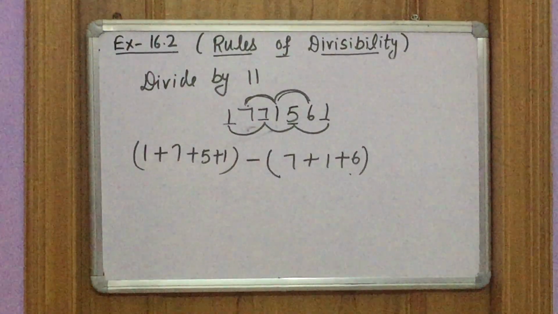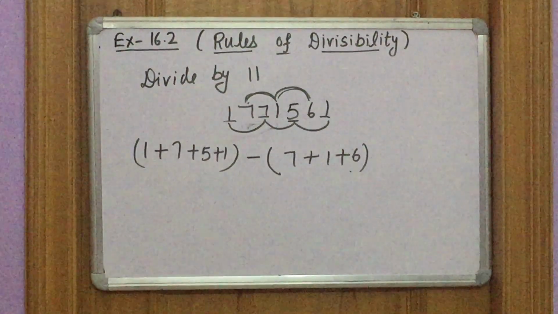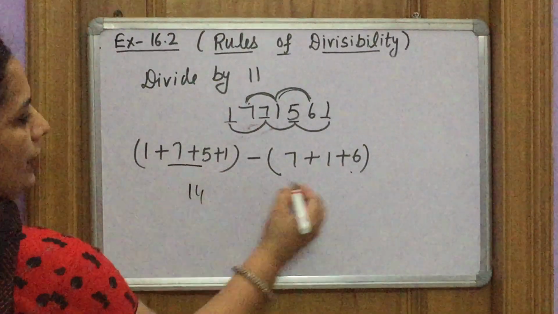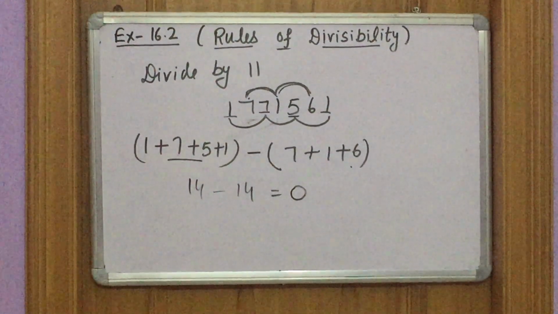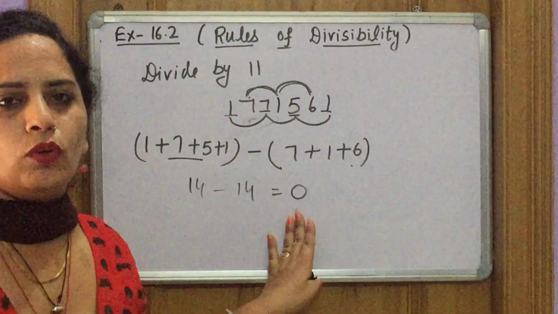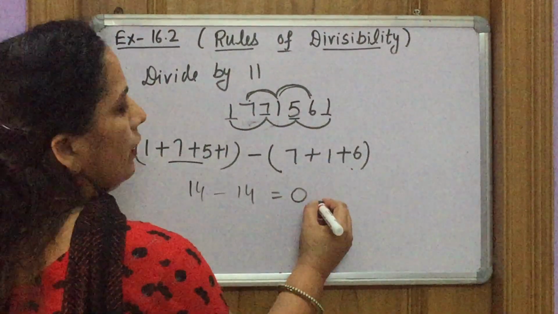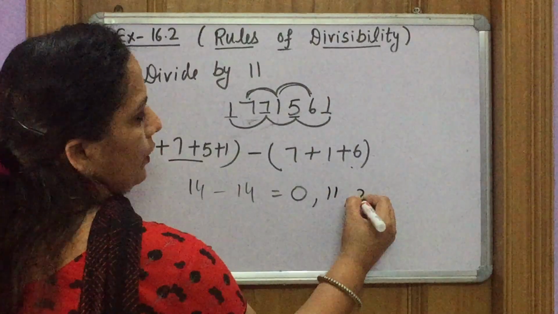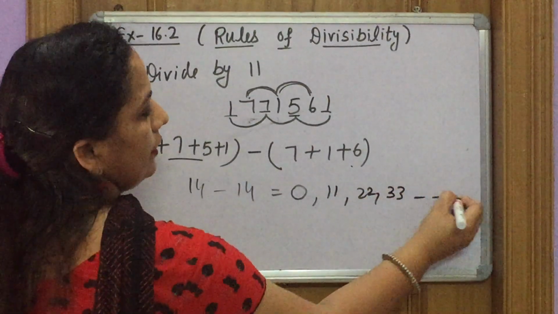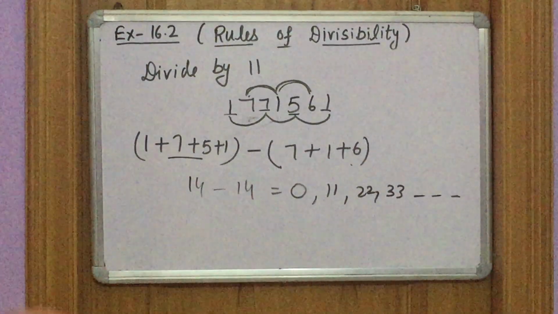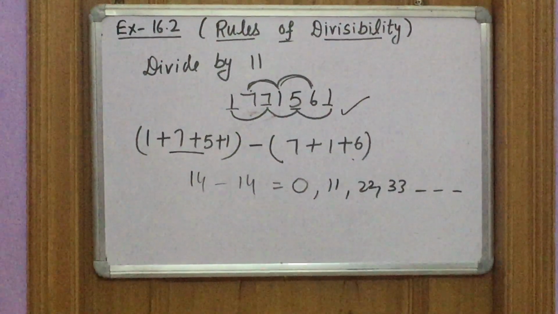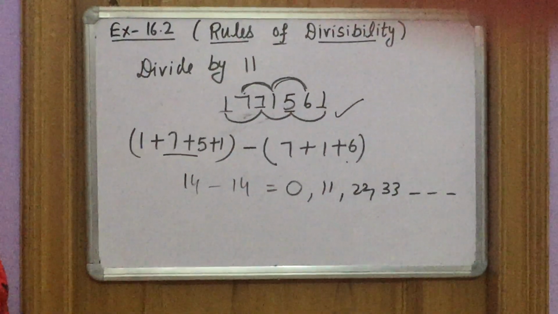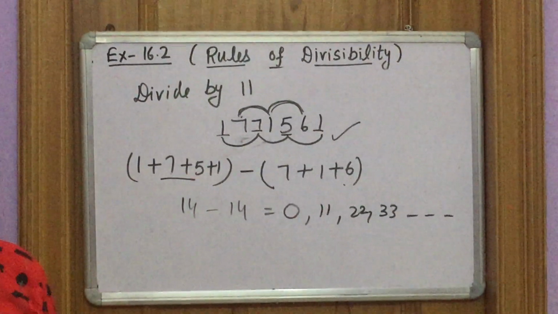After that, find out the subtraction. 14 minus 14. Then this is 0. If the final answer is 0 or a multiple of 11, that means 11, 22, 33 and so on, then we will say that this number can be divided by 11. So this is the rule of divisibility by 11. Okay.